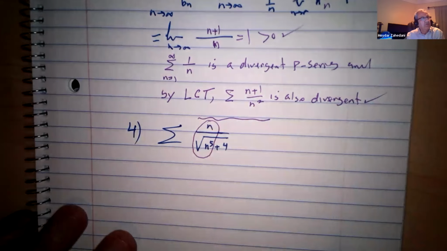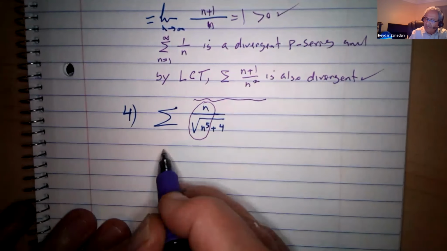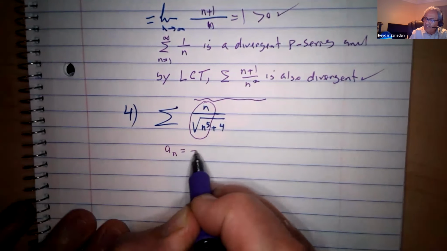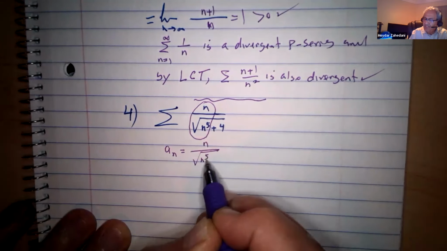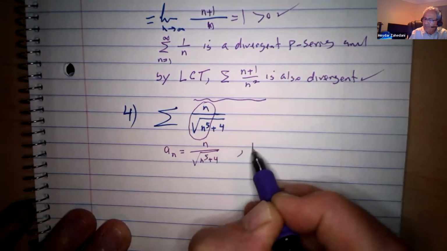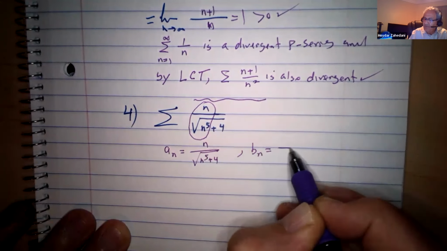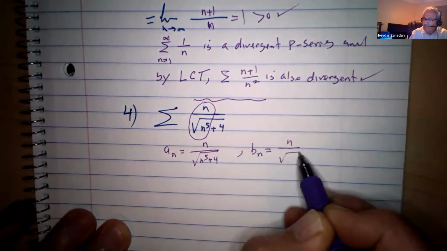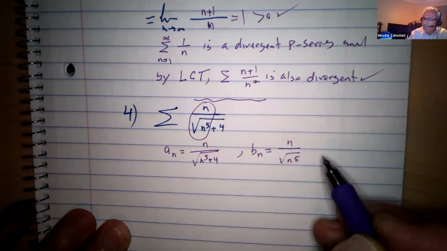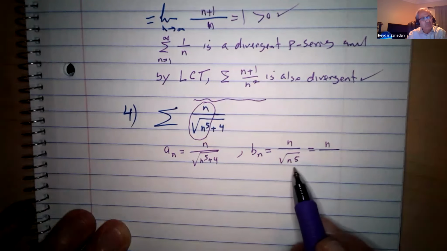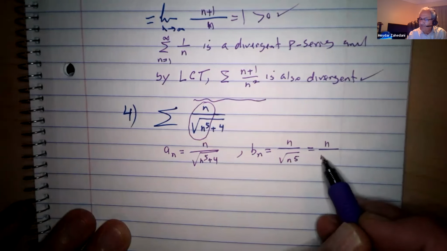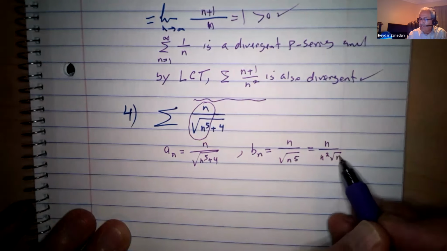So this is going to be your bn. So your an is given by n over a square root of n to the 5th plus 4. You pick the bn to be n over radical n to the 5th. If you simplify that, this is n to the 4 times n, so it's going to be n squared radical n.